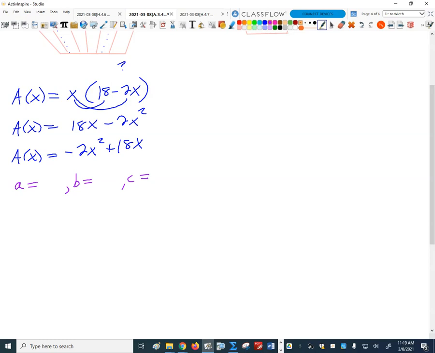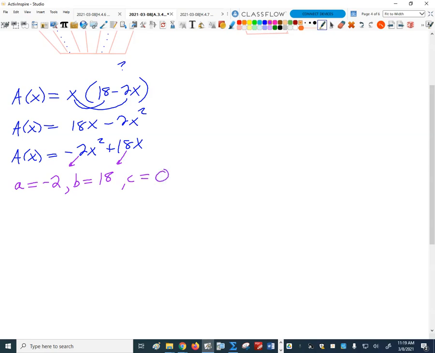Okay, good. Yeah, so we get -2 for a, that's the coefficient of x squared. We get 18 for b, that's the coefficient of x, and there is no constant, so c is equal to 0.